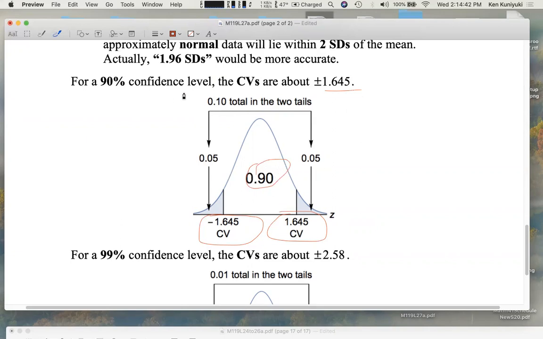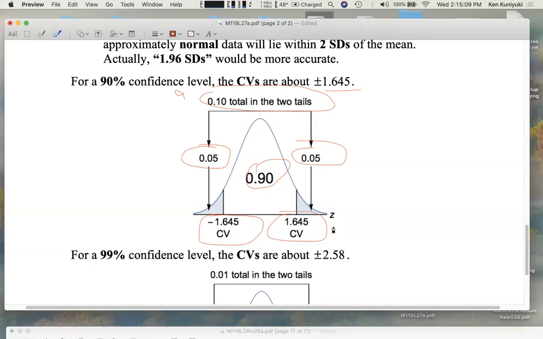That means we have alpha or 10% total remaining for the 2 tails. And we always split the tail probability symmetrically between these 2 tails. Even for a chi-square, we're going to do that. So the 10% gets split up into 5% for the left tail, 5% for the right tail, symmetrically. And again, that corresponds to the fact that the CVs are opposites.